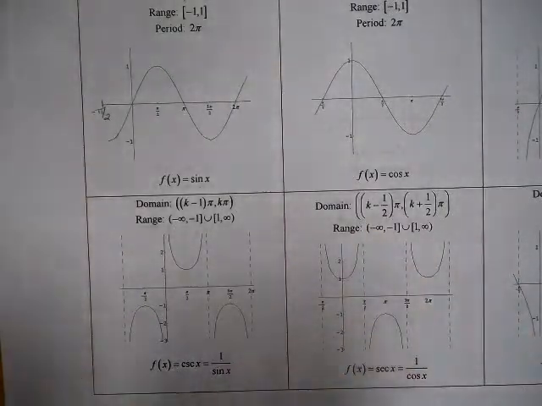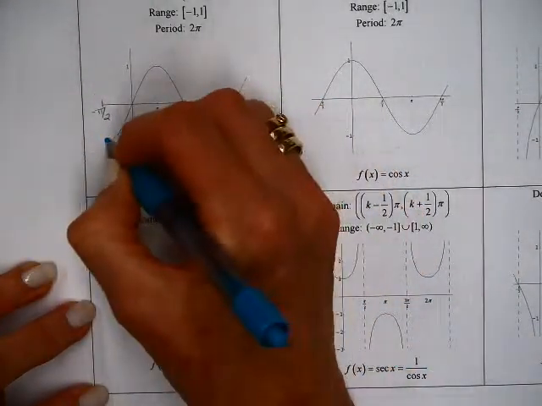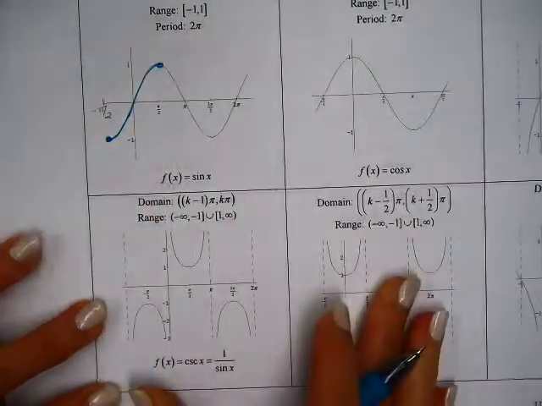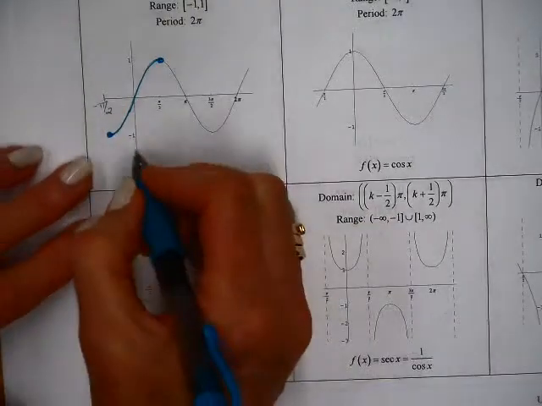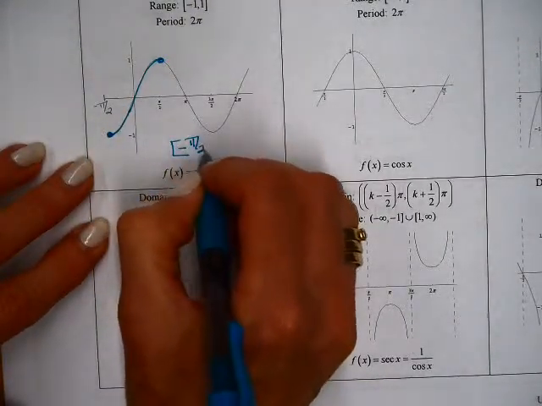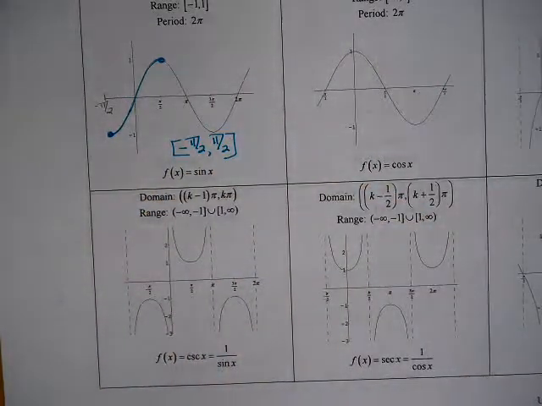They decided that the piece of the curve you're going to look at on the sine to make it one-to-one is this little piece that I just colored blue. It is the piece of the sine curve that goes from negative pi over 2 to positive pi over 2. Which means only that piece has an inverse.